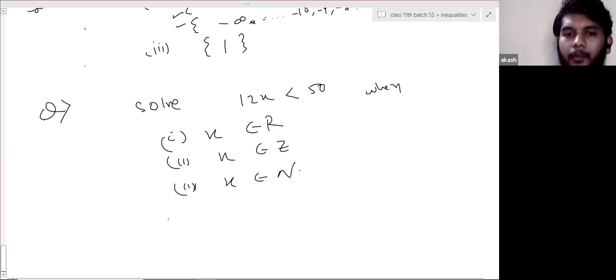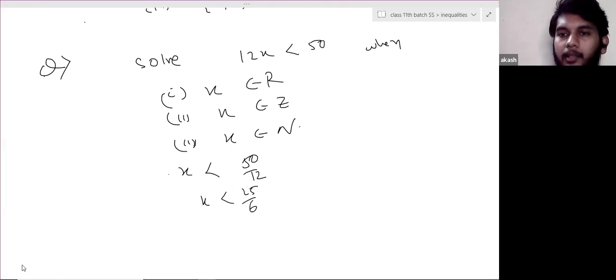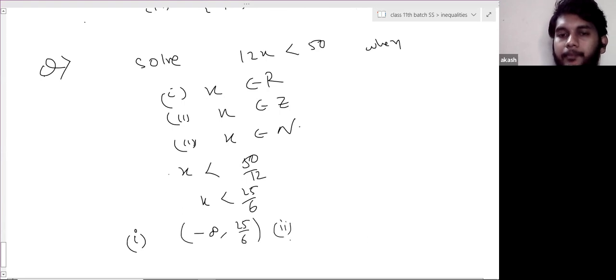All right. So we just divide this by 12. This is x is less than 25 by 6. So x is less than this, so minus infinity to 25 by 6. Absolutely correct. The first part is minus infinity to 25 by 6. What is the answer of the second part, Iram?